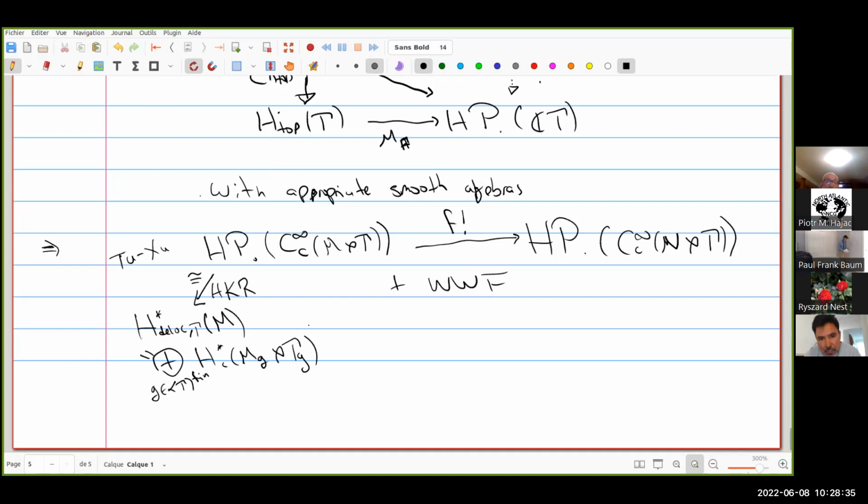This is more or less classic. I'm just putting it here because I'm not giving the details, but this is quite standard in this business of cohomology. The point is that if you take this model, on the other side you also have the same thing.